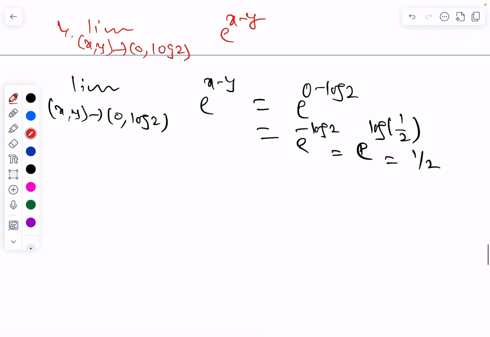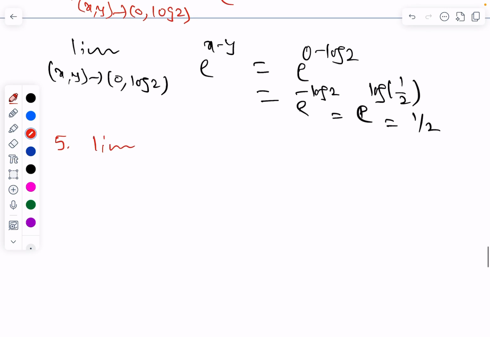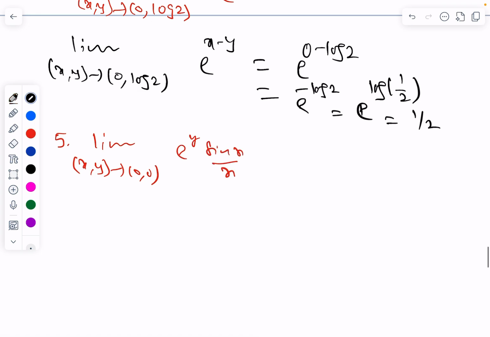You can also have limit (x, y) tends to (0, 0) of e to the power y times sin x by x.